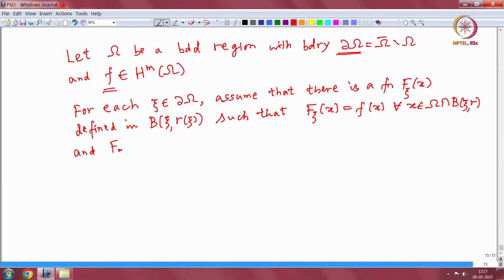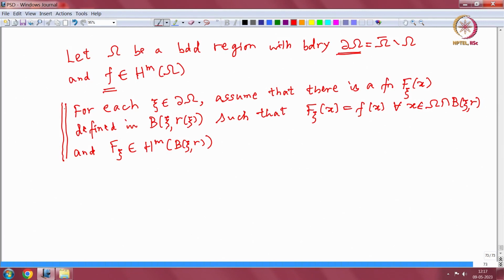So, f_j belongs to Hm. Of course, you can also seek extension in the smooth class. Okay. So, same definition. Okay. So, this is an assumption on the boundary. Okay. So, this will pave the way to make some assumptions on the boundary, so that this particular assumption is satisfied.